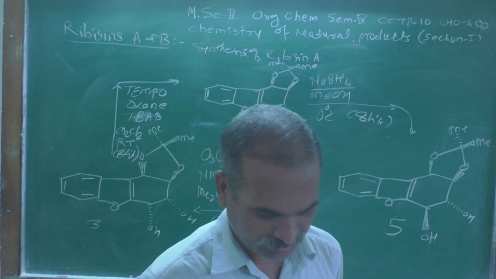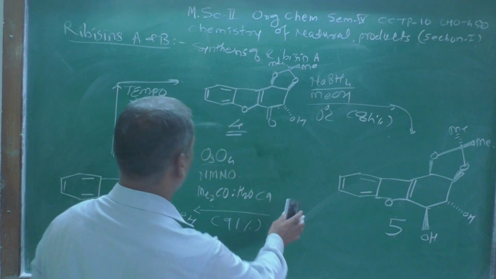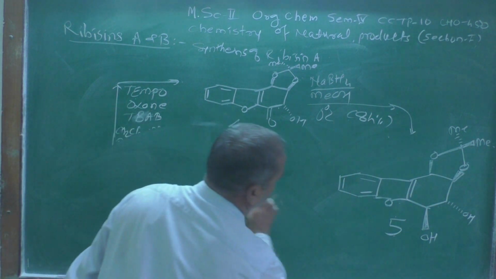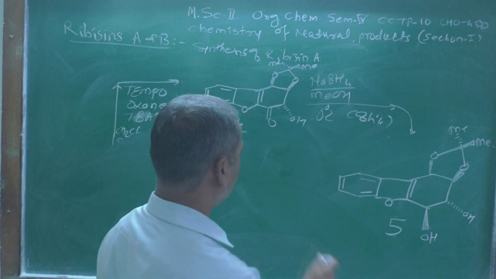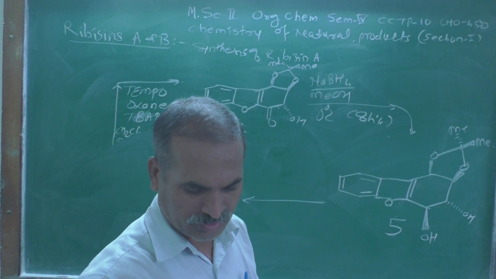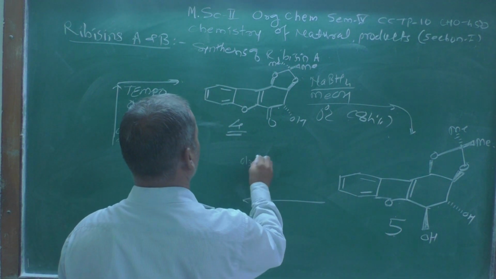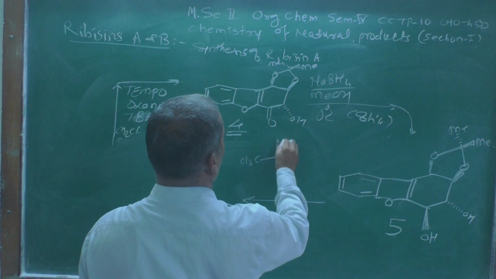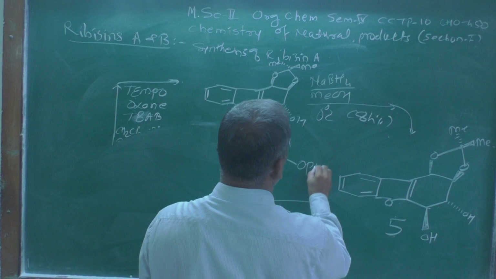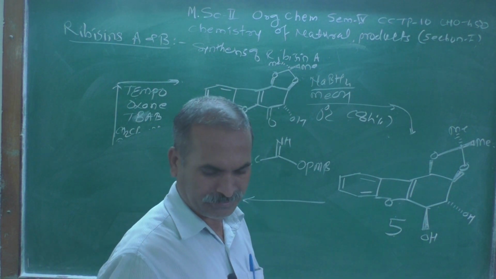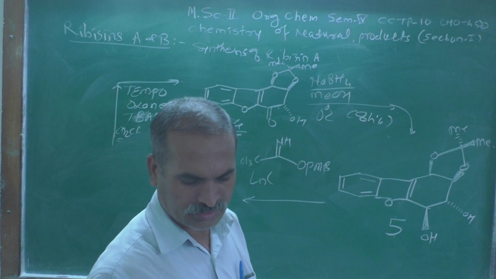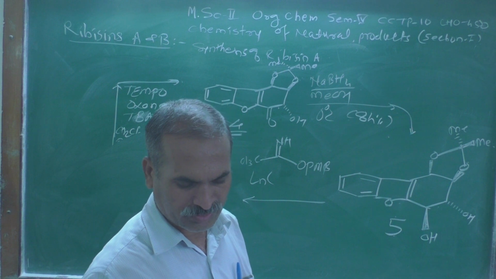And after this 5, when we add another reagent, which reagent? Let us see over here. This is the reagent which we are going to add over here. One is Cl3C, then a double bond NH, then OPMB, and Ln. These all are the biocatalysts.